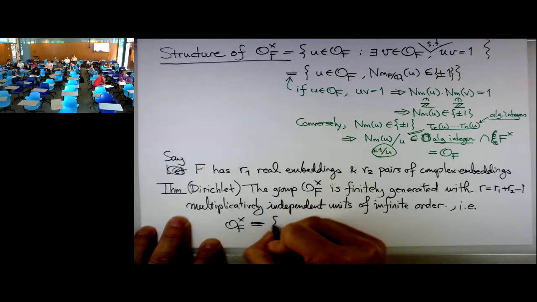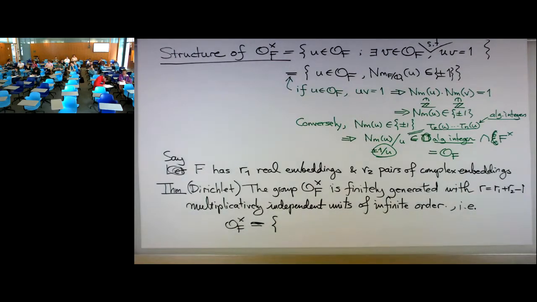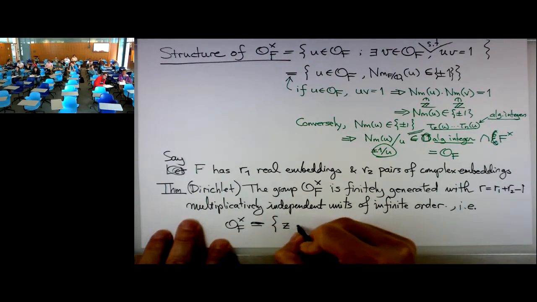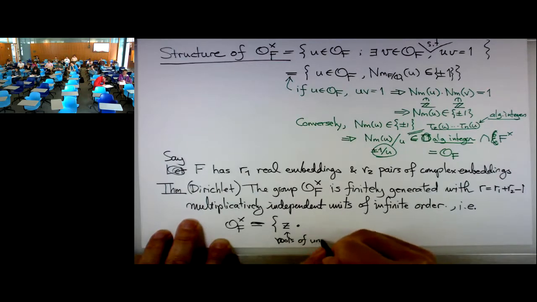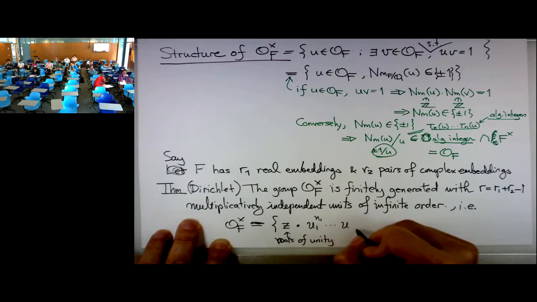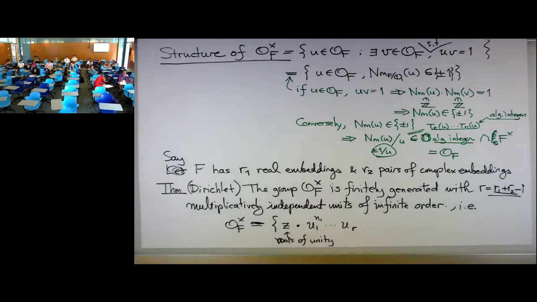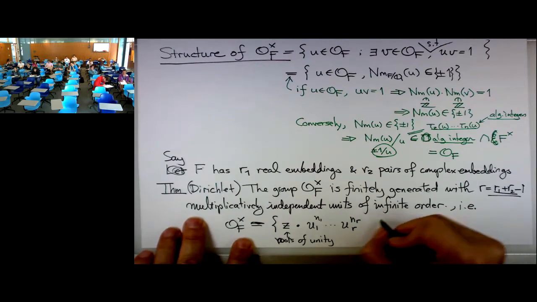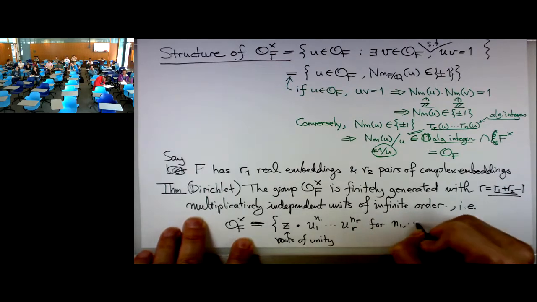You can write every unit in O_F cross in the following form: some roots of unity times u_1 to the n_1 through u_r to the n_r, where r is the number of real embeddings plus the number of pairs of complex embeddings minus 1.